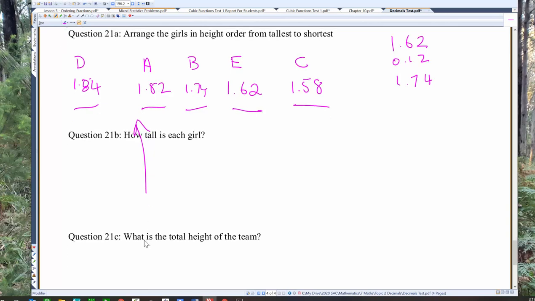What's the total height of the team? So to get the total height, I'm going to add them together. So 1.84, 1.82, 1.74, 1.62, 1.58.